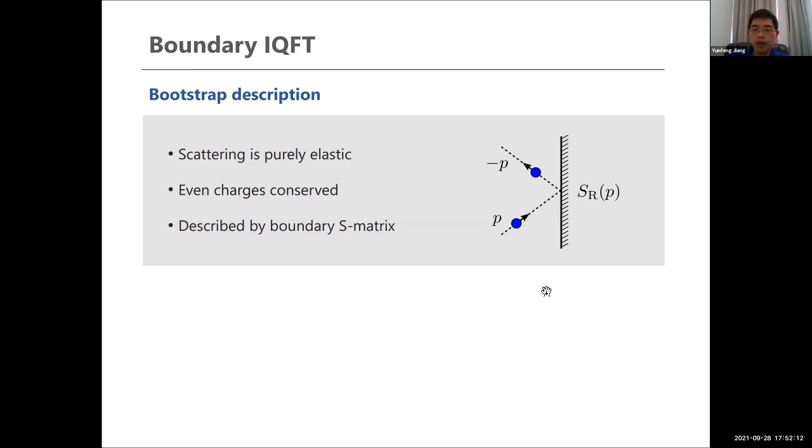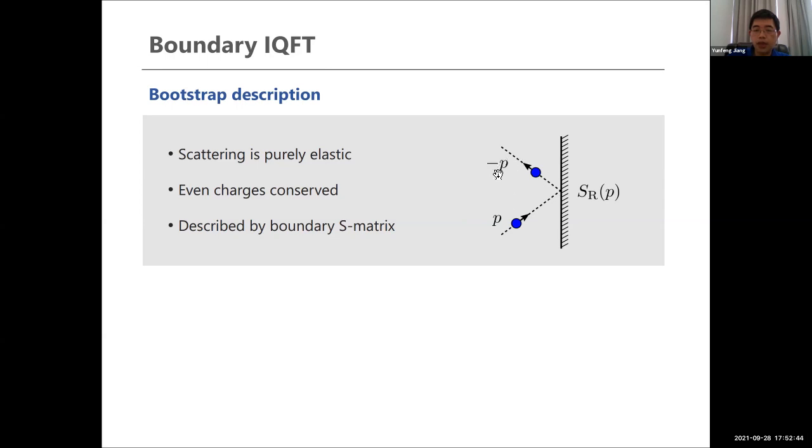So if our boundary is integrable, then this scattering is purely elastic. So it just gets reflected. And because the boundary condition is integrable, all the even charges are conserved. By even charge, I mean the charges which are even under parity. For example, energy is one of these conserved charges, because if a particle hits here, and if the scattering is elastic, then the energy of this particle should be the same.